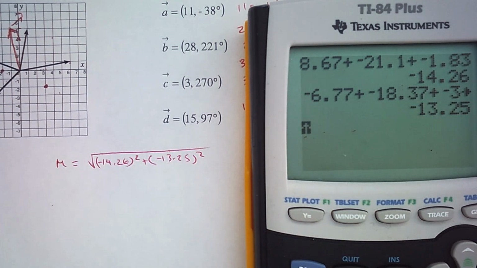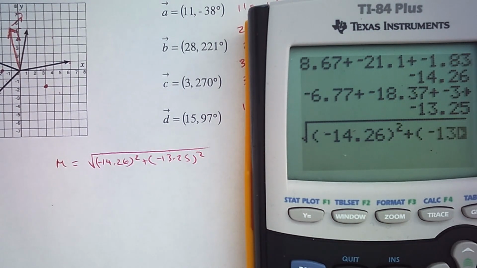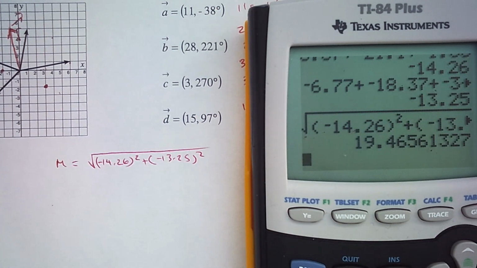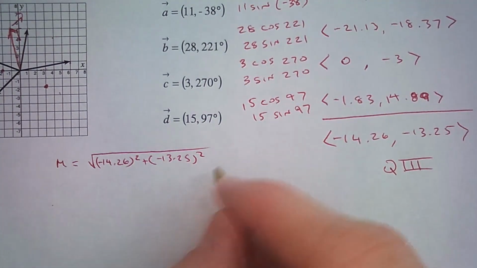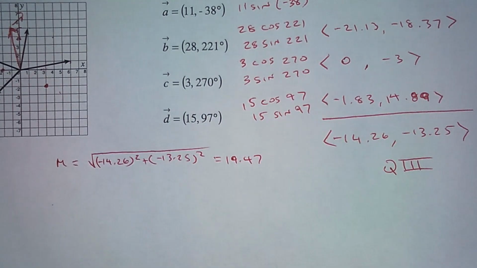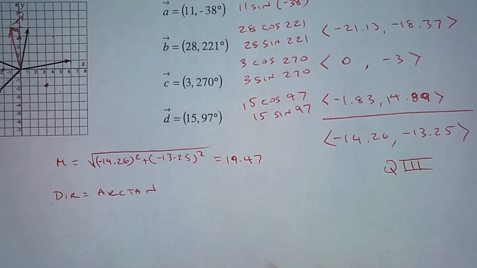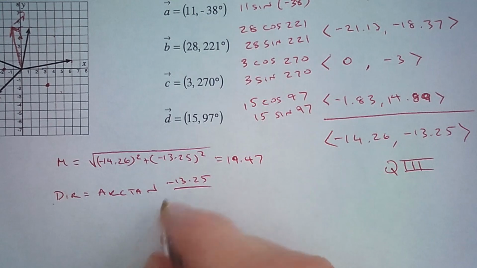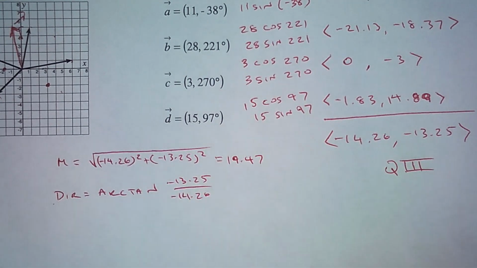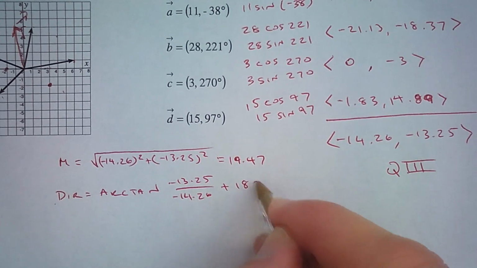So we will type the radical in our calculator. And we get a magnitude of 19.47. Okay, then direction is arctangent y over x, and because we're in quadrant 3, we will add 180.